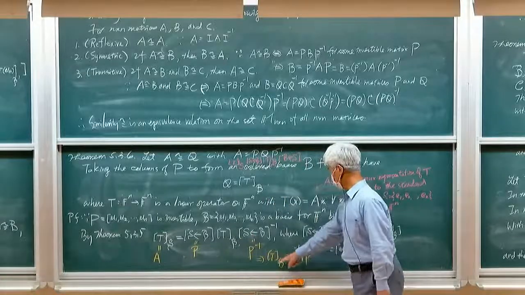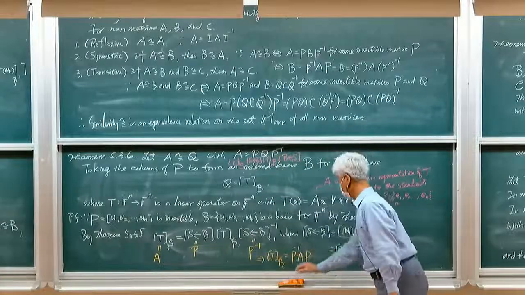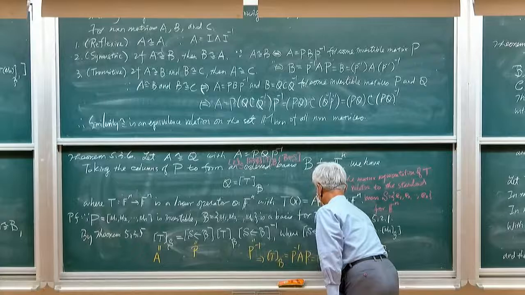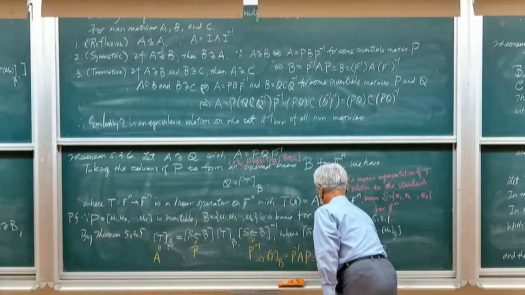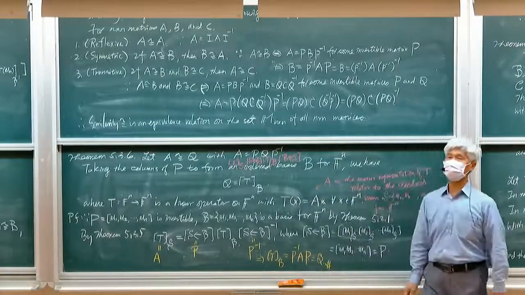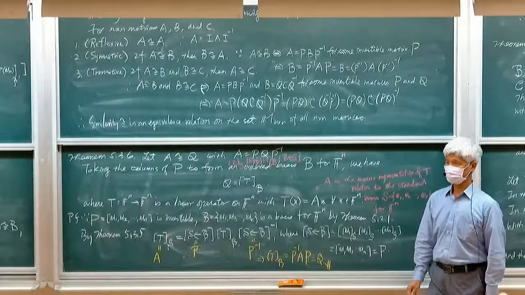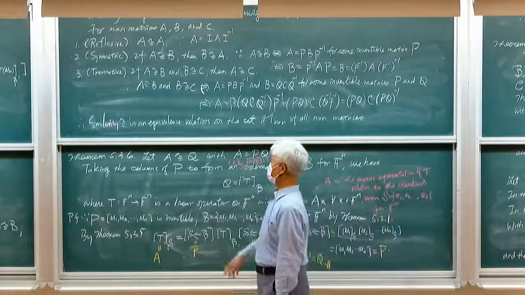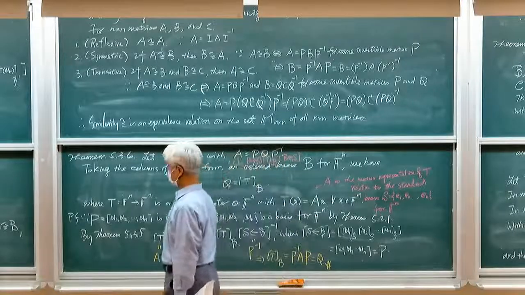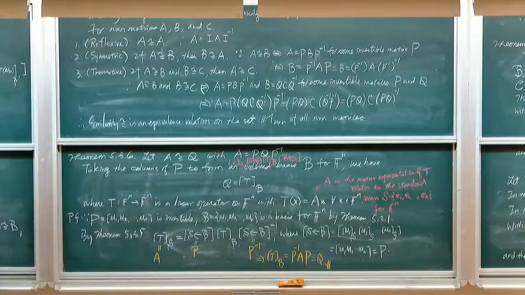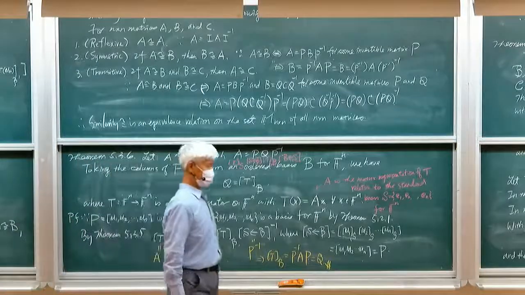So this matrix representation is this one, and so this is Q. And we have done already. So we have achieved our goal, and our curiosity gives us a positive answer.